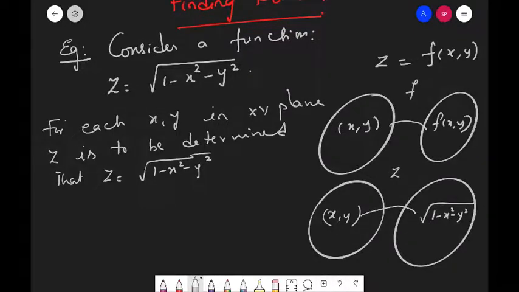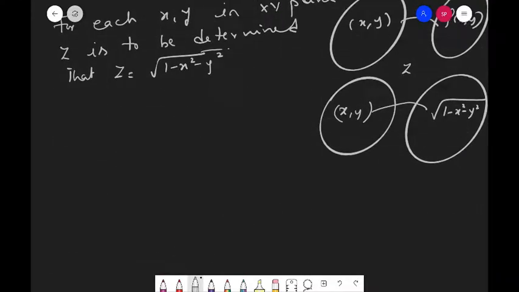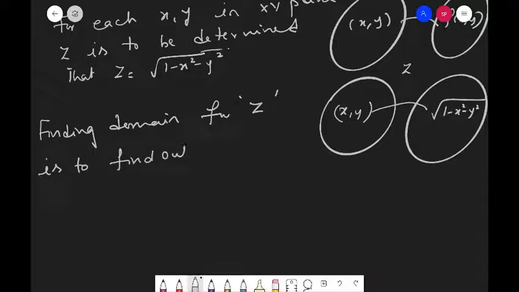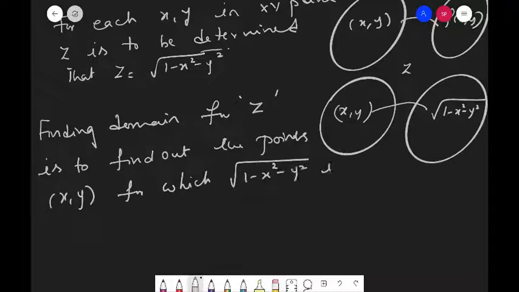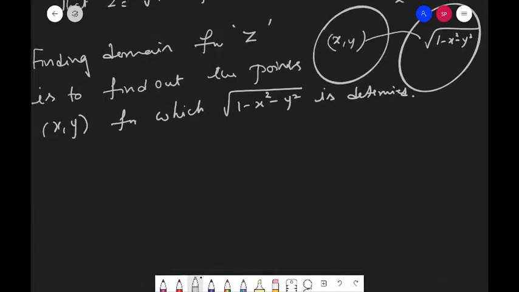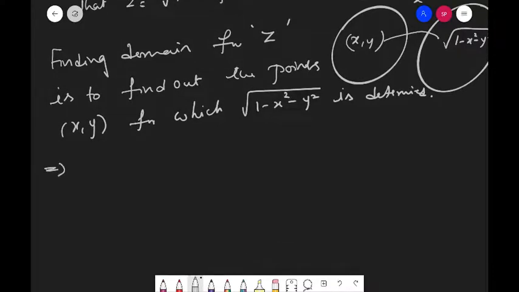So finding the domain for z means finding the points x comma y for which the square root of 1 minus x square minus y square is determined.